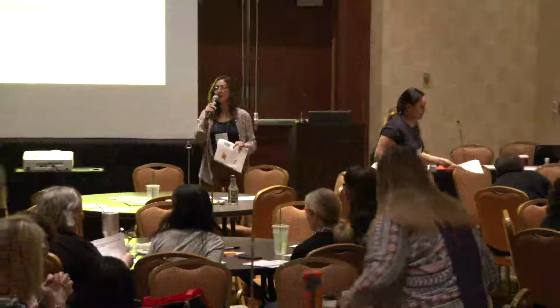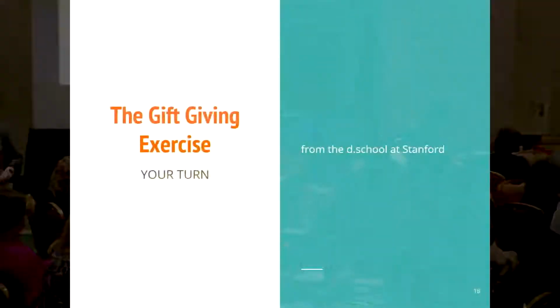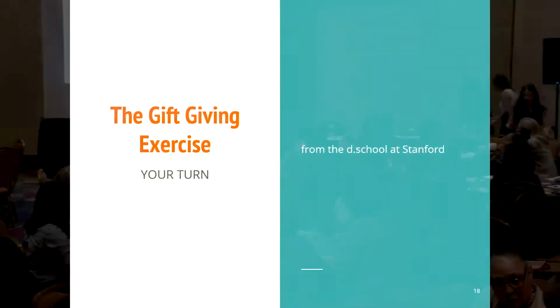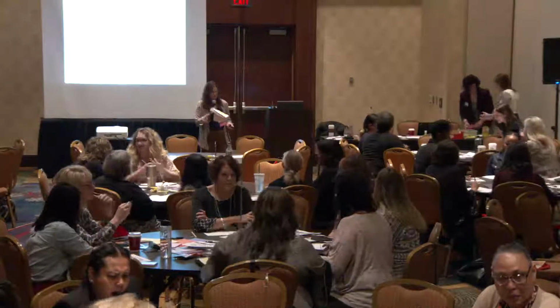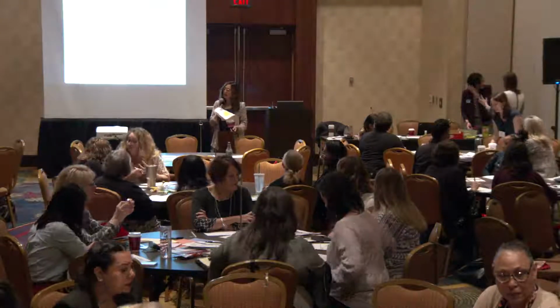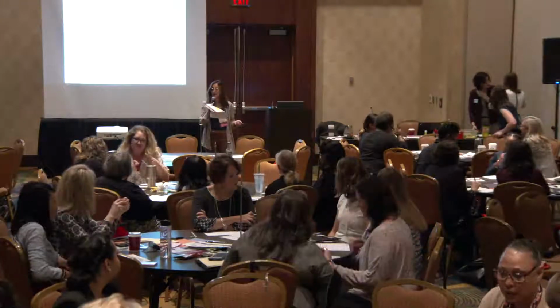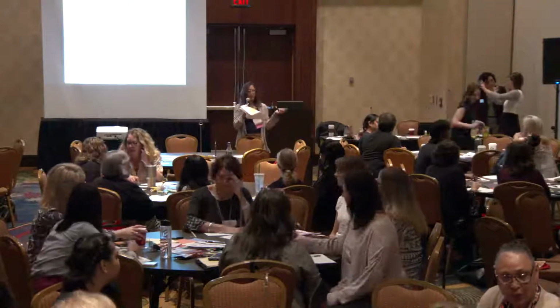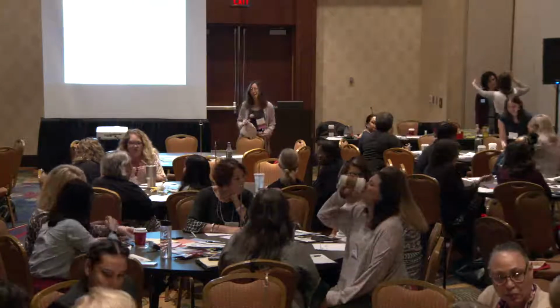A new partner and someone you don't know. Does everyone have something to write with? Now, with your partner, decide who's going to be partner A and who's going to be partner B. Doesn't matter.